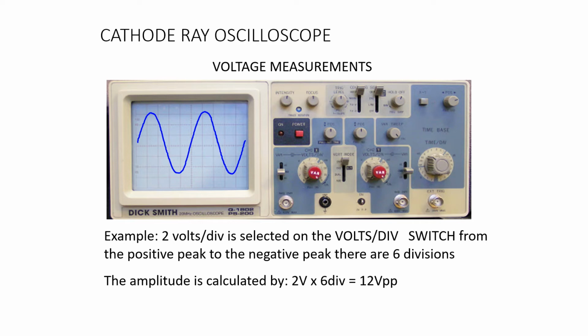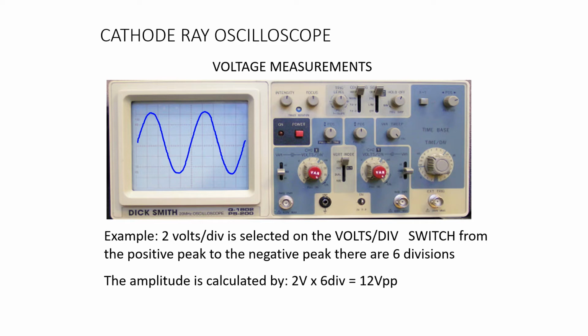This is how the voltage measurement is made. The most direct voltage measurement made with a CRO is the peak to peak value. The RMS value of the voltage can then be easily calculated from the peak to peak value.